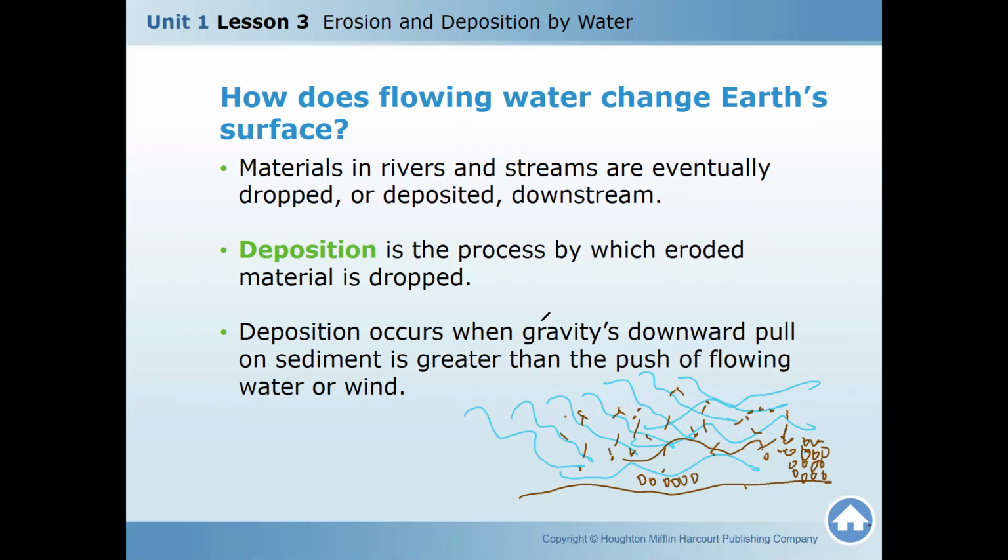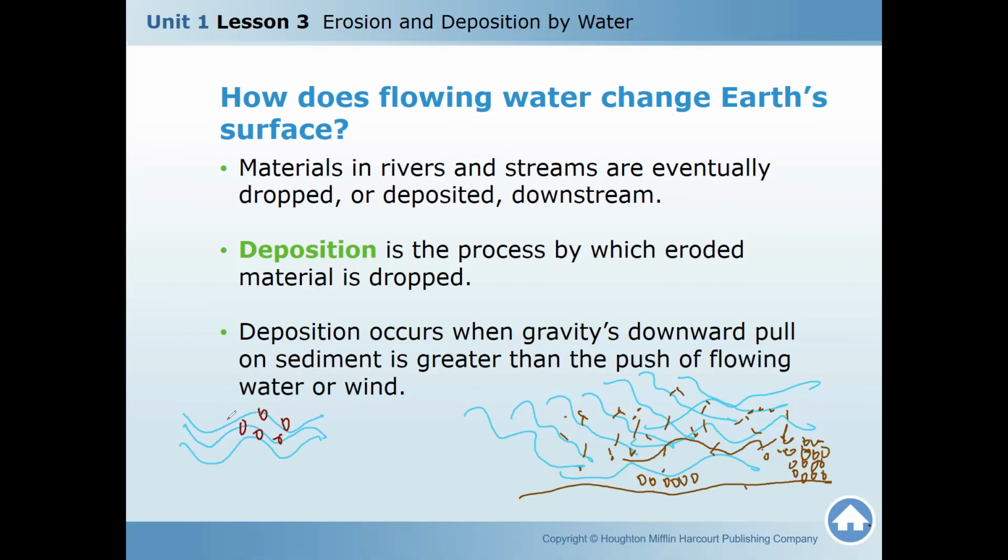So this deposition occurs when gravity's downward pull on sediment is greater than the push of flowing water. Again, I say, when there is not much pressure, imagine these waves are carrying sediments because of some pressure, maybe their water force was high.